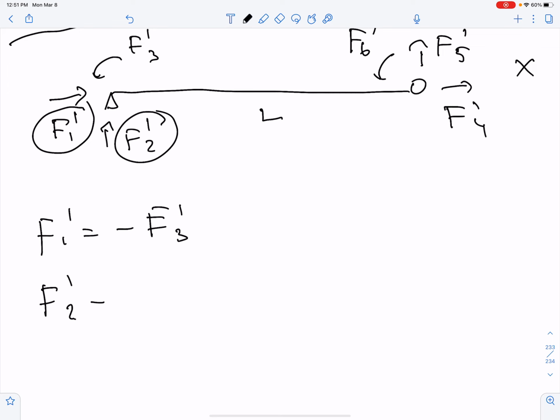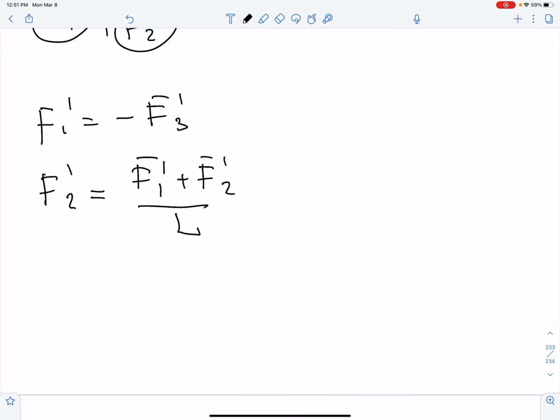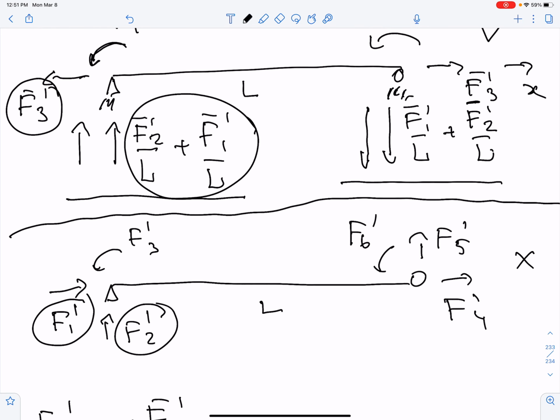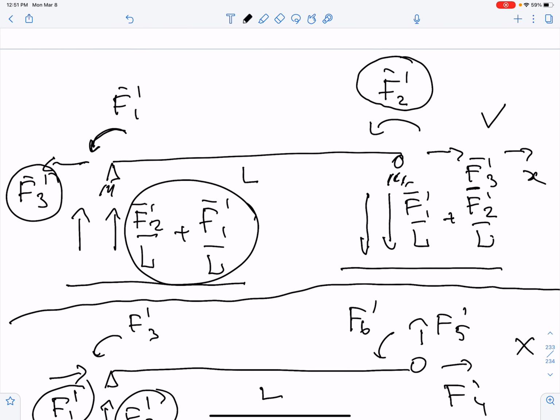So F'2 equals F̄'1 plus F̄'2 over L. Next, F'3 equals exactly the moment that's acting here.